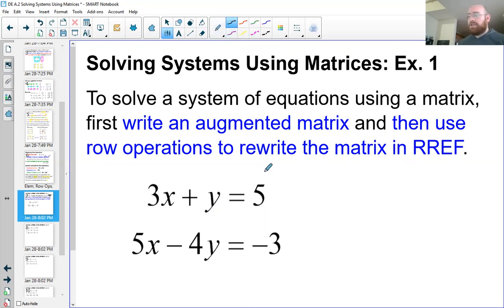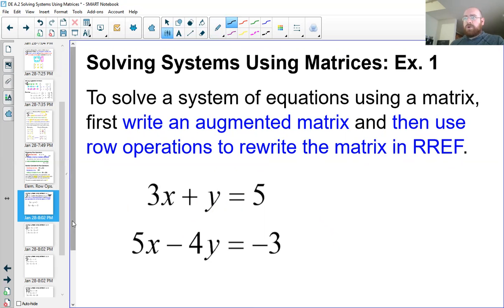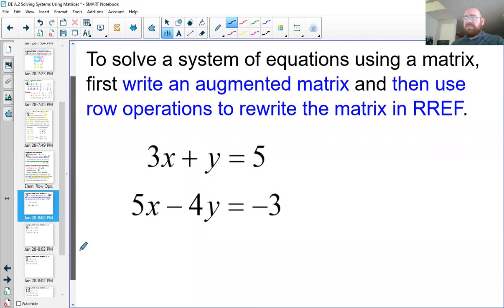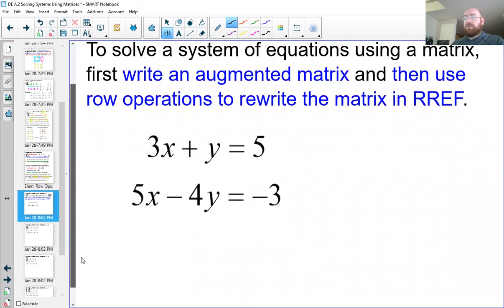Before I get started, I encourage you to pause and practice writing that augmented matrix. In fact, it might be a good practice to pause before most steps or between steps of a question, so that you can write your work, press play, and see if your work matches. And if not, figure out why not.